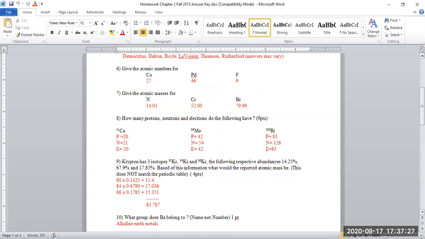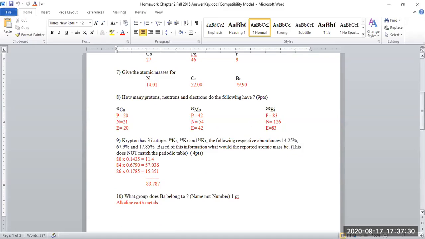Then I gave you specific isotopes for these elements. Since Microsoft Word will not let me write a superscript number over top of a subscript number, and the subscript number is actually what identifies your atom anyway, I just gave you the particular isotope by giving you the mass.